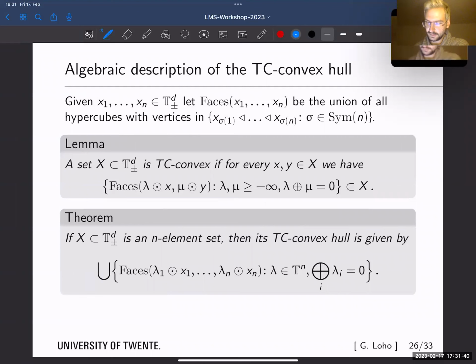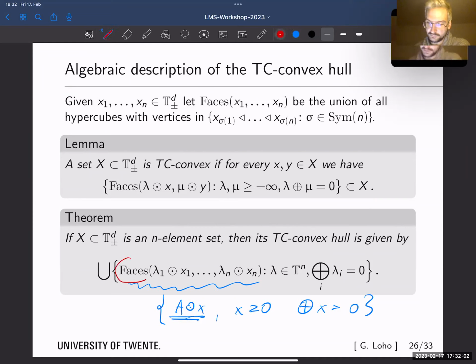And yeah, just a different version of what we had in the beginning. Now we cannot just take convex combinations, but we really have to use this phases operator to describe the convex hull.